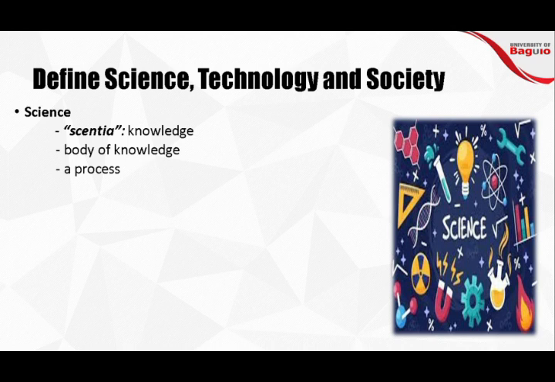For example, we are using the scientific method. That is very common. When you talk about science, we have what we call the scientific method to solve or answer a problem. That's why science is actually a process, because there is a scientific method to solve or answer a particular type of problem.